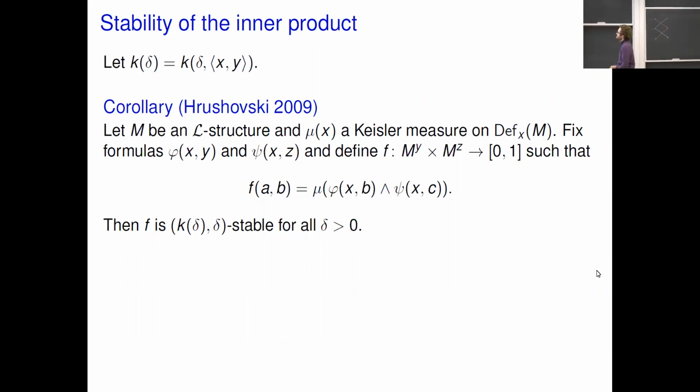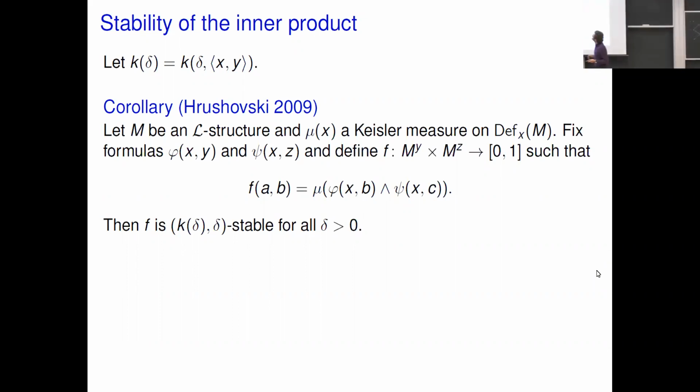If I fix two formulas, so phi is now a discrete formula in this language, phi of x, y and psi of x, z, I can then define a function f from y space cross z space into [0,1]. What does it do? It takes two parameters, a and b, and gives the measure of the intersection of the two instances of these formulas. Oh, I'm sorry, I switched a and b to b and c. That's my bad. So this should be a and b.